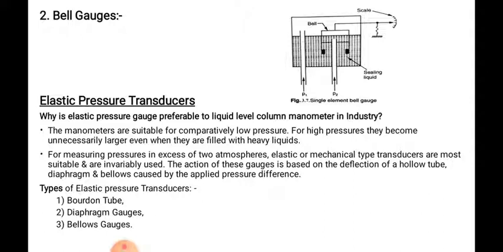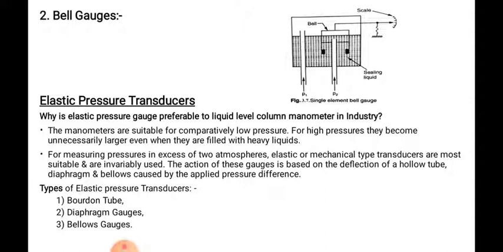In that container the liquid is present. Once high pressure air is blown into the container from P1 and P2, the bell or sealing liquid will vibrate, and it will be measured on a circular calibrated scale.